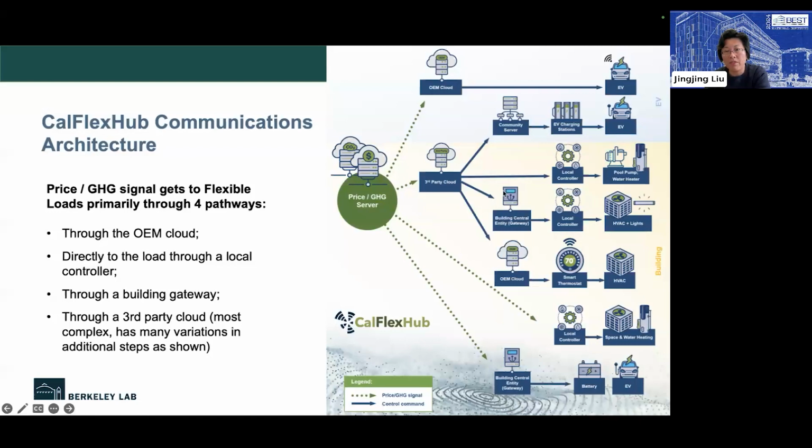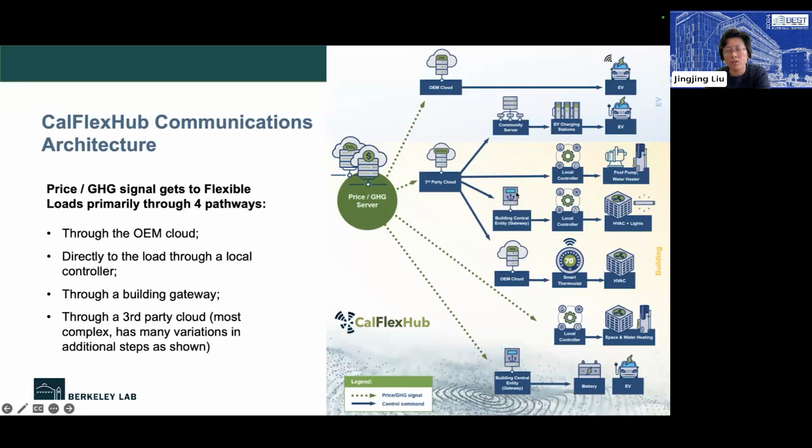And downstream of that, there could be different scenarios that are not even limited to what we're showing here. The manufacturer's cloud could be the next step, or it can be a central gateway within the building. It can also be a local controller that's receiving the signal downstream of the third-party cloud.